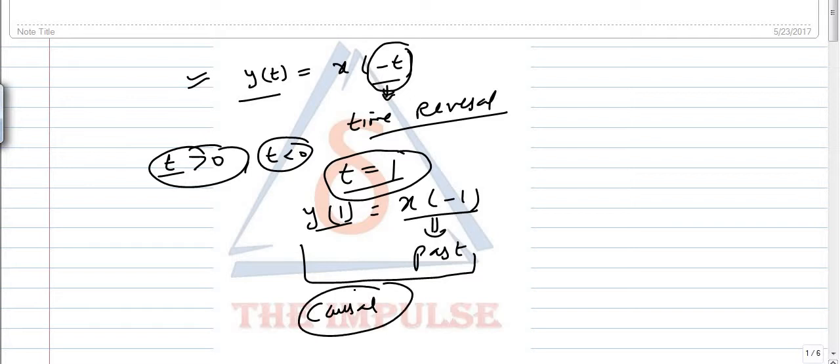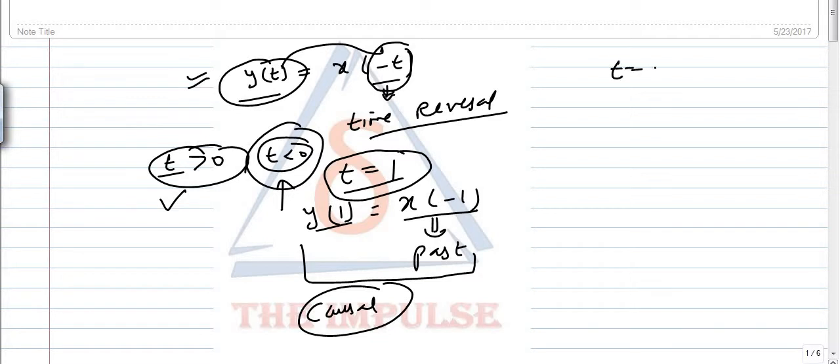But the mistake here is that we are checking the output dependency on input only for t greater than 0, not for t less than 0. If we take t equals -1, that is t less than 0, we get y(-1) equals x(+1).